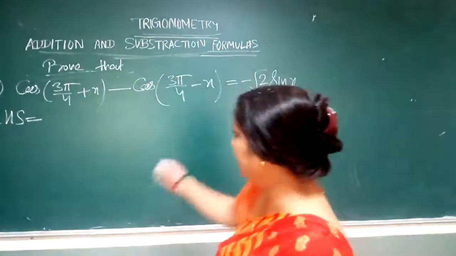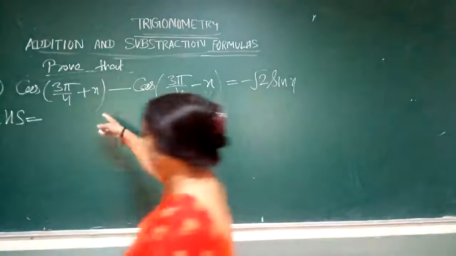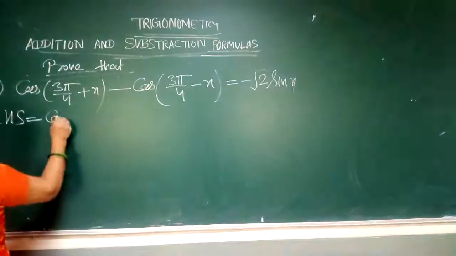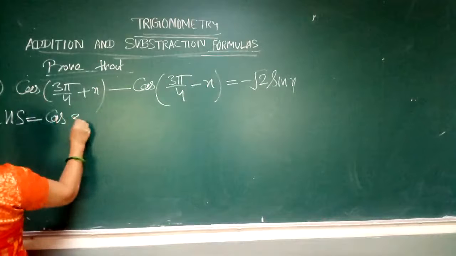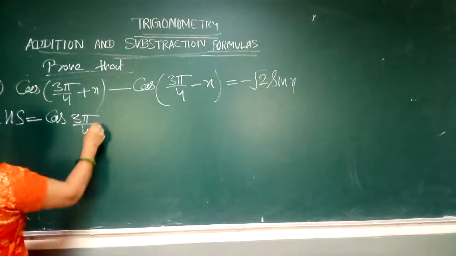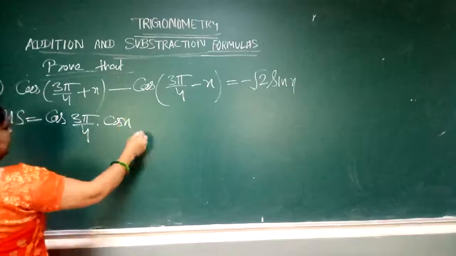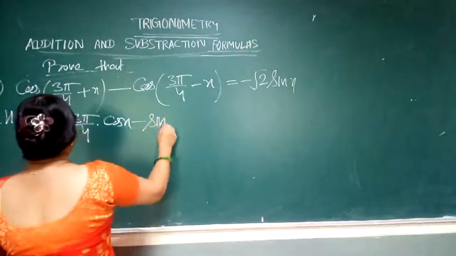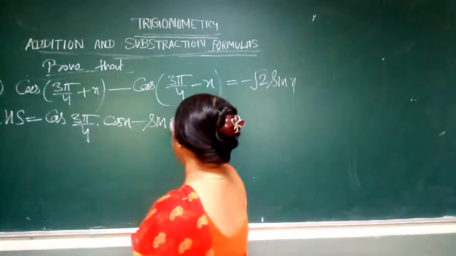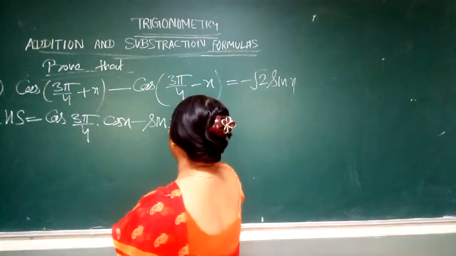First of all we are applying here cos a plus b. So cos (a plus b), cos 3 pi by 4 cos a into cos b minus, now you learn the formula, sin a into sin b.